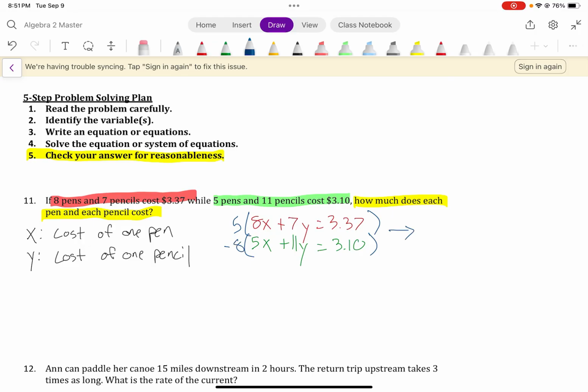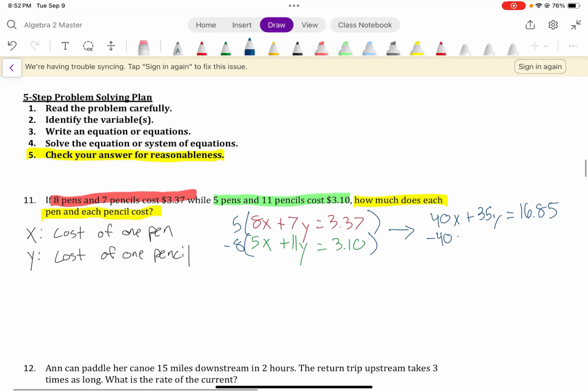Okay, what that's going to give me is a 40x plus 35y equals, when I take 3.37 times 5, I get 16.85. That's my top equation. My bottom equation, I multiplied by -8 specifically to give myself a -40x.